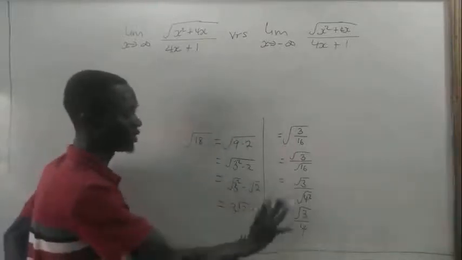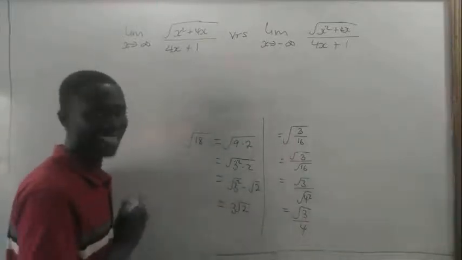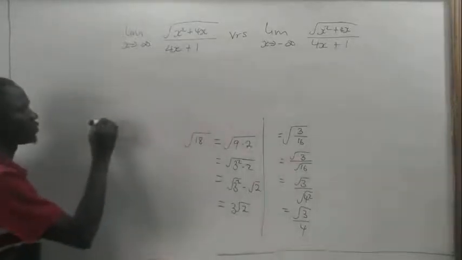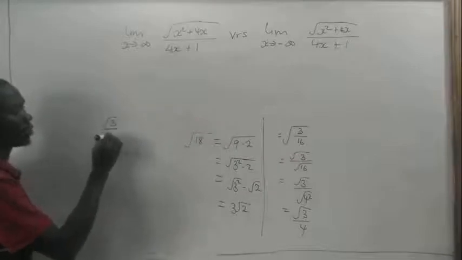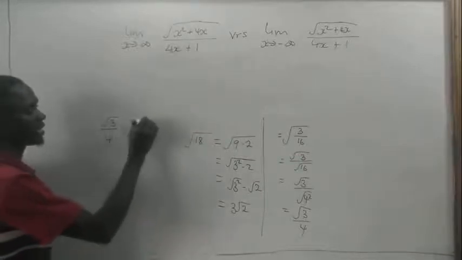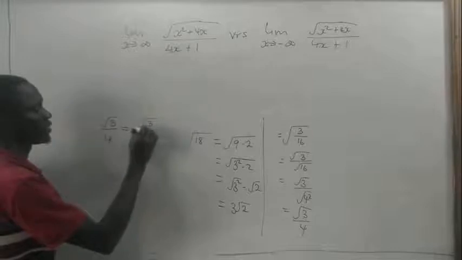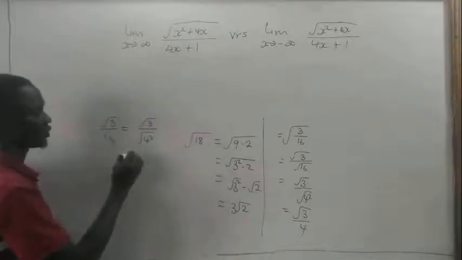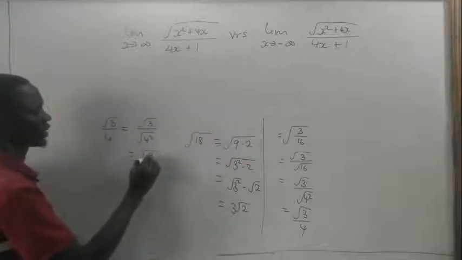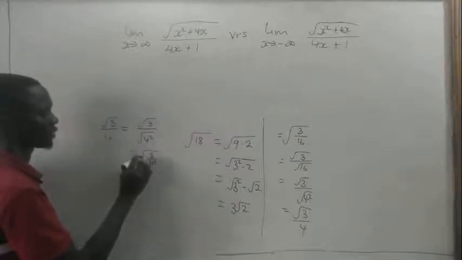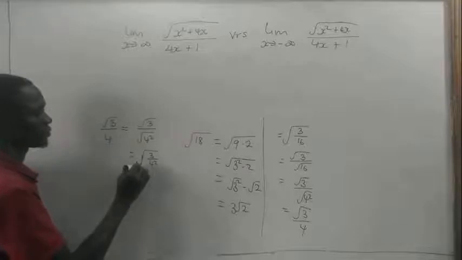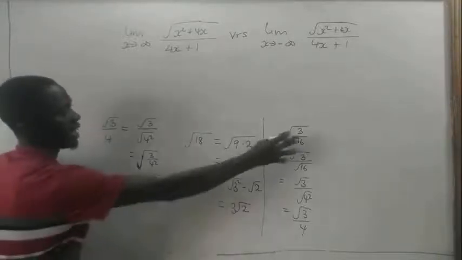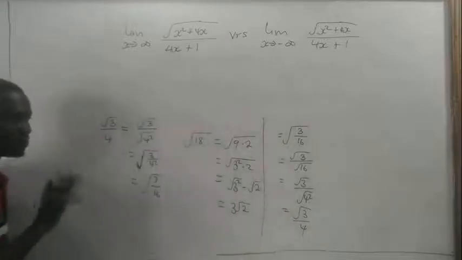Wow, we are going to use this basic idea. Now, it means that if I have the square root of 3 divided by 4, I can write this as the square root of 3 divided by the square root of 4 squared, and this will give me the square root of 3 divided by 4 squared. And I'll go back to the square root of 3 on 16 as I have here. So we are going to use this basic idea.